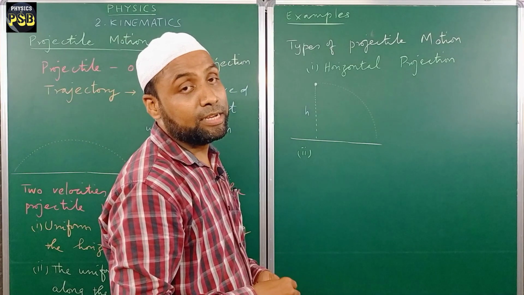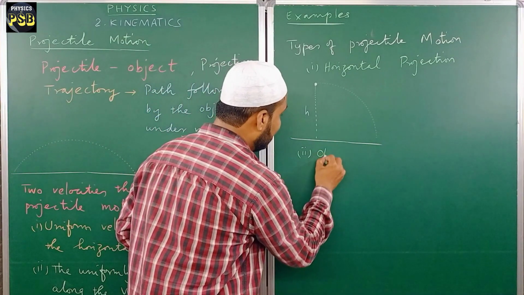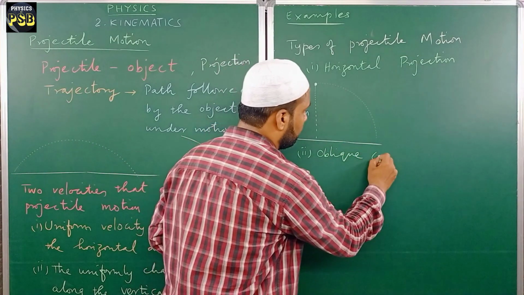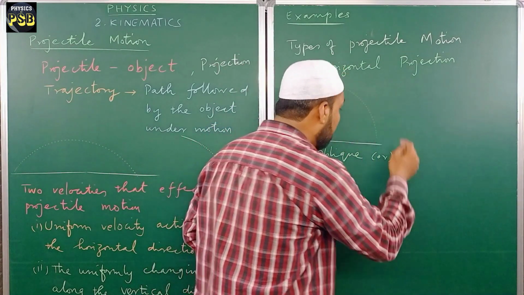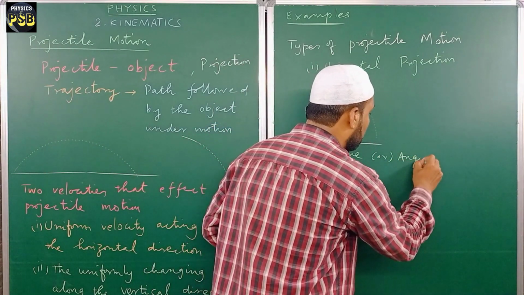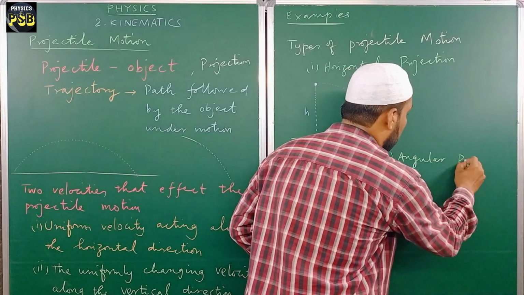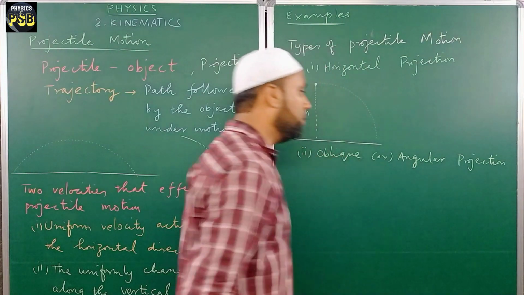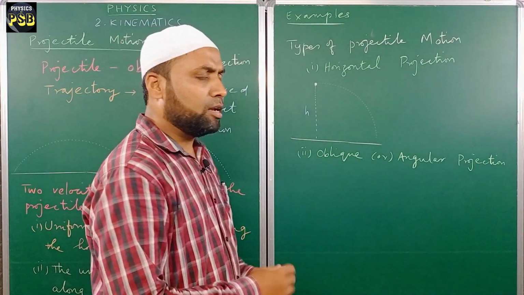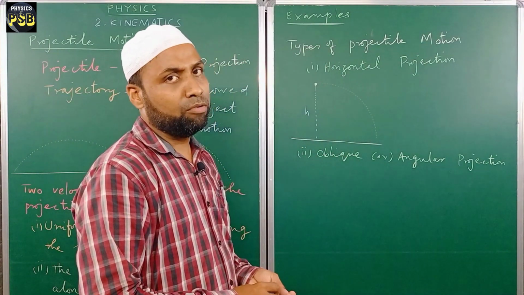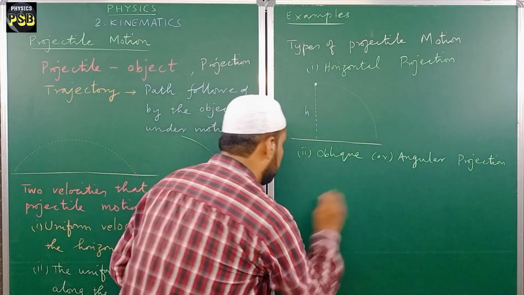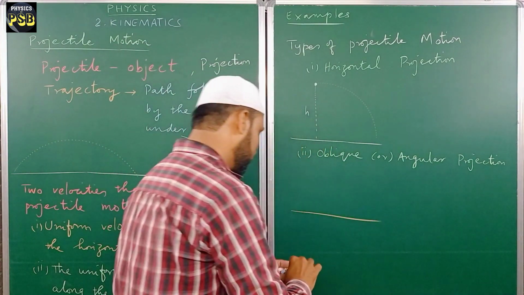The next is oblique or angular projection. What is this oblique or angular projection? Suppose you throw an object from the ground, then it starts moving in this manner.